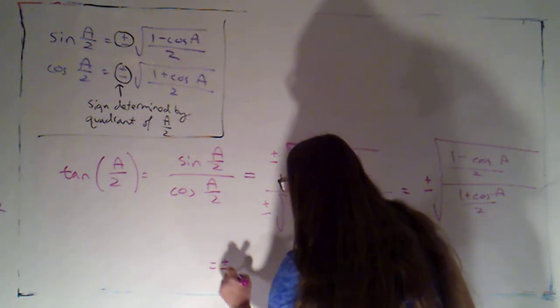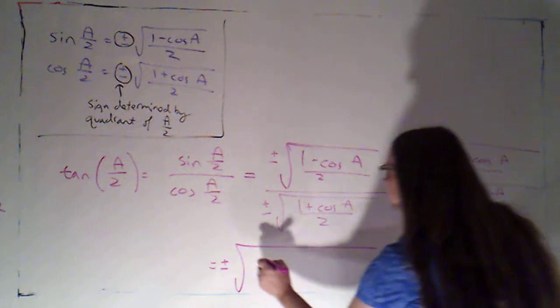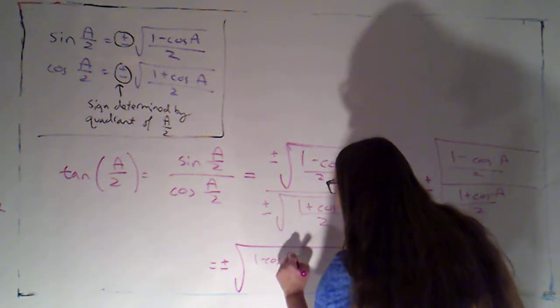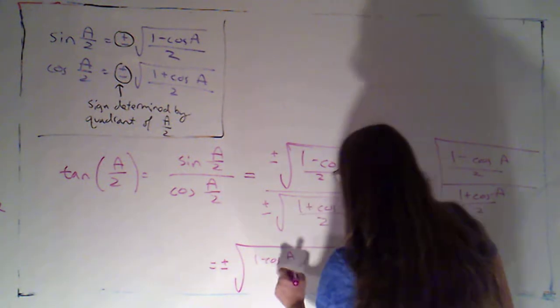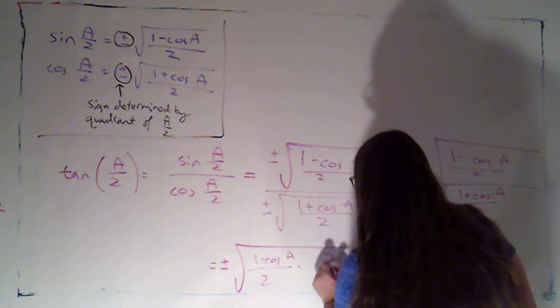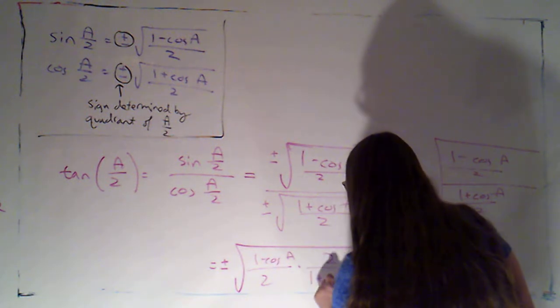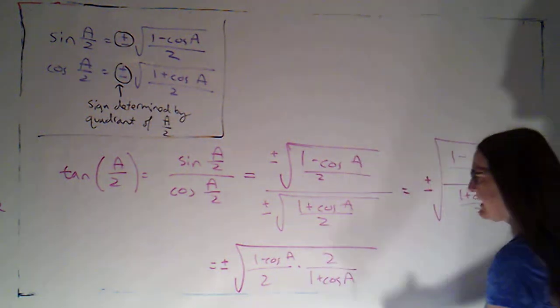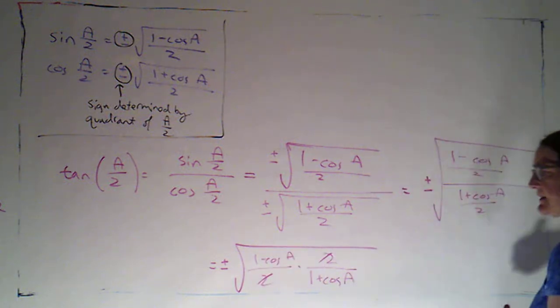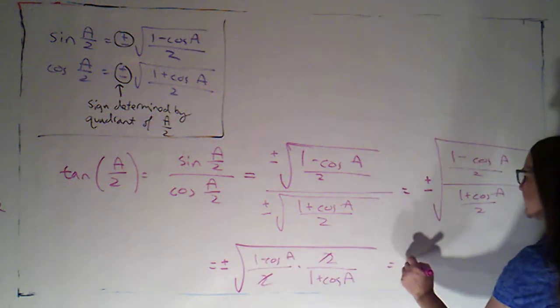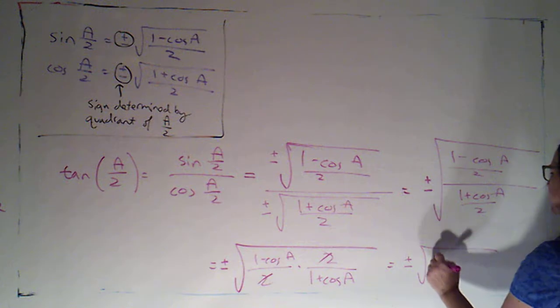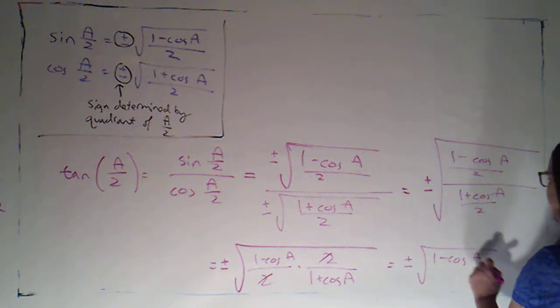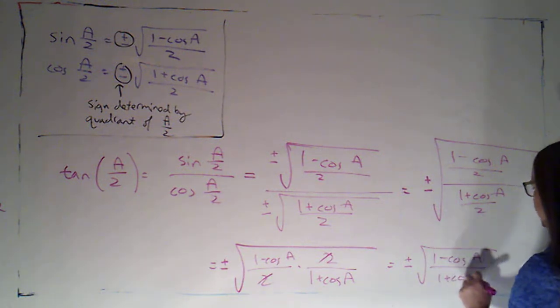So this is plus or minus the square root of (1 minus cosine A) over 2 times 2 over (1 plus cosine A), and those 2's will cancel.